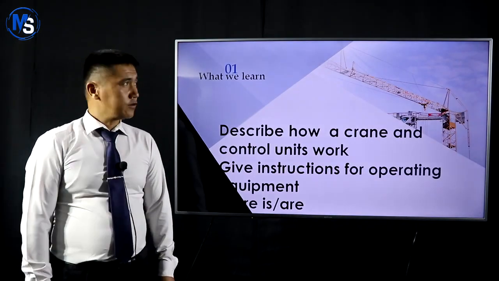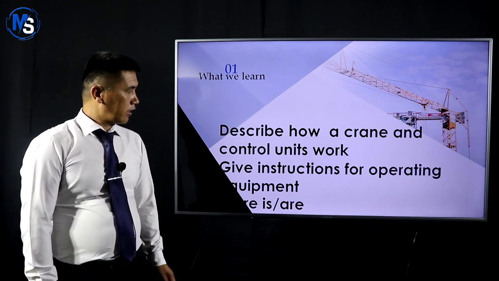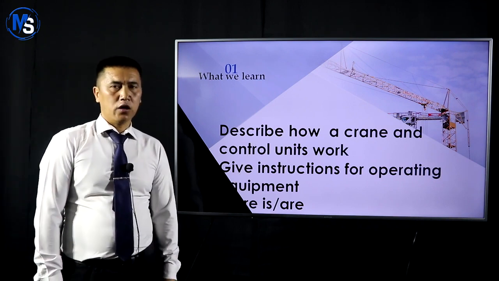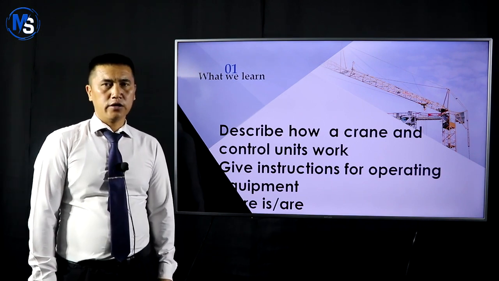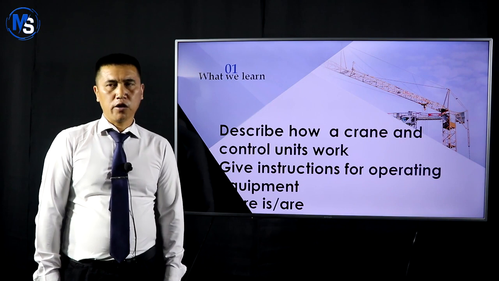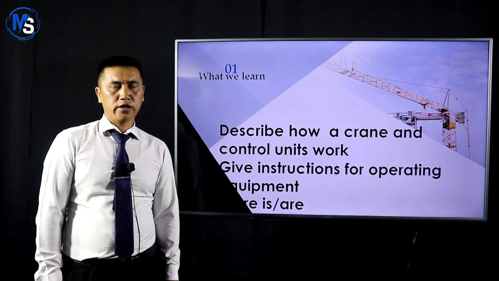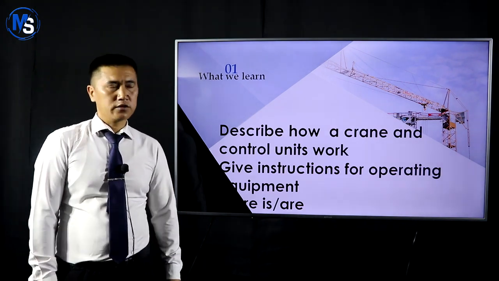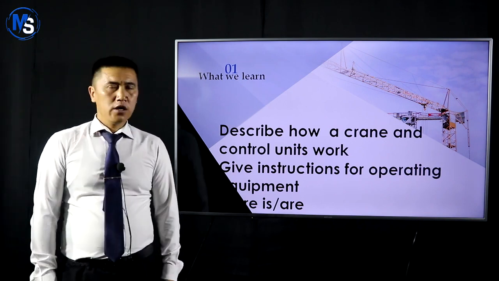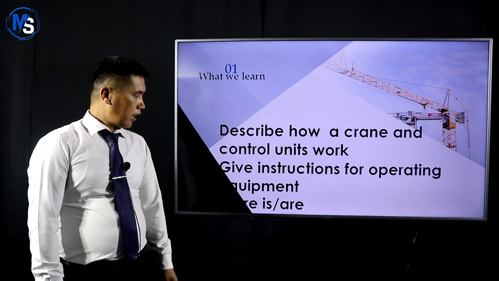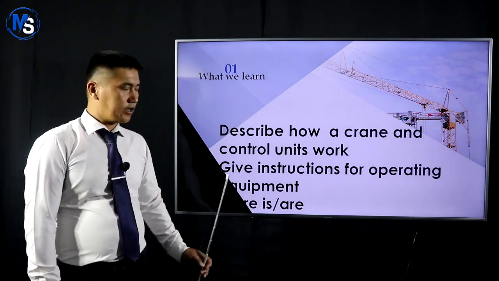Okay. In today's lesson, the first step is to describe how a crane and a control unit work. We will also learn in this lesson about the types of cranes and parts of cranes, how and where cranes are used on construction sites, and also give instructions for operating equipment. Additionally, today we have to learn about the grammar construction there is and there are.